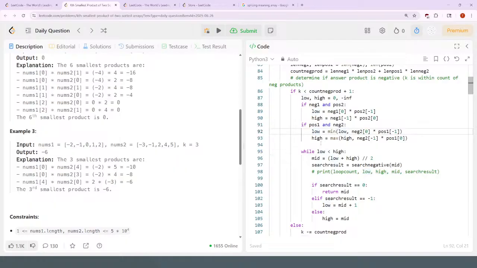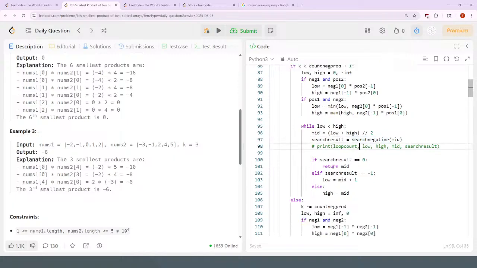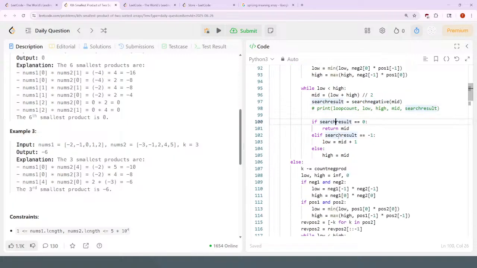If this is your bounds for the product that you're searching for, and while low is less than high, you find the midpoint to be your guess for the search product value. Call a helper function to search for the negatives, and the result from that is going to be either 0, -1, or 1.